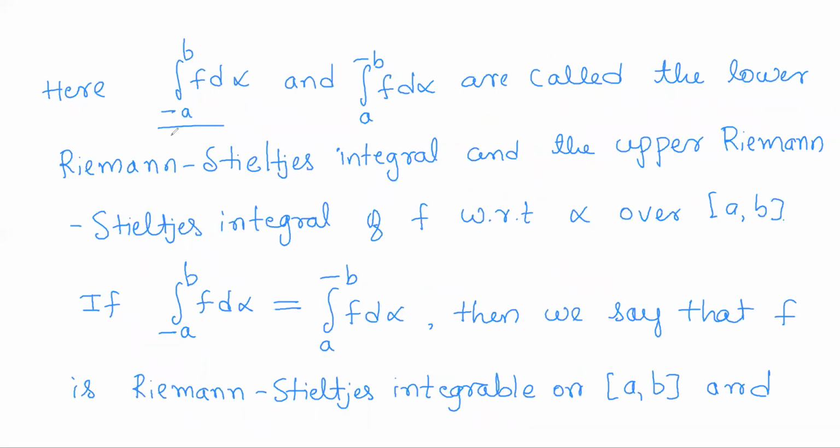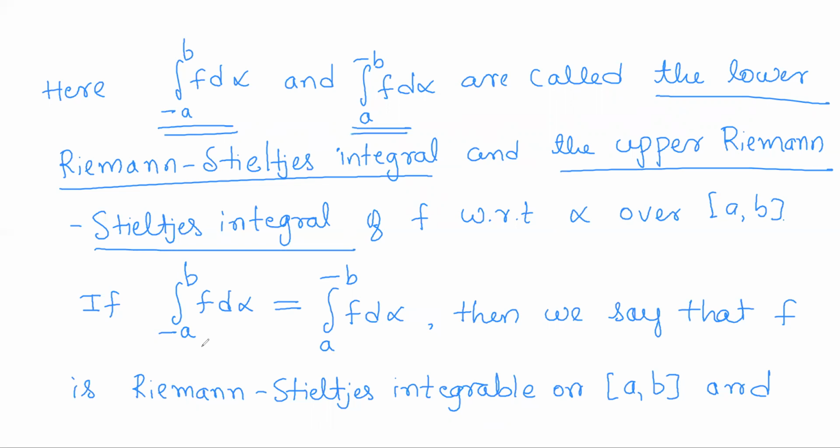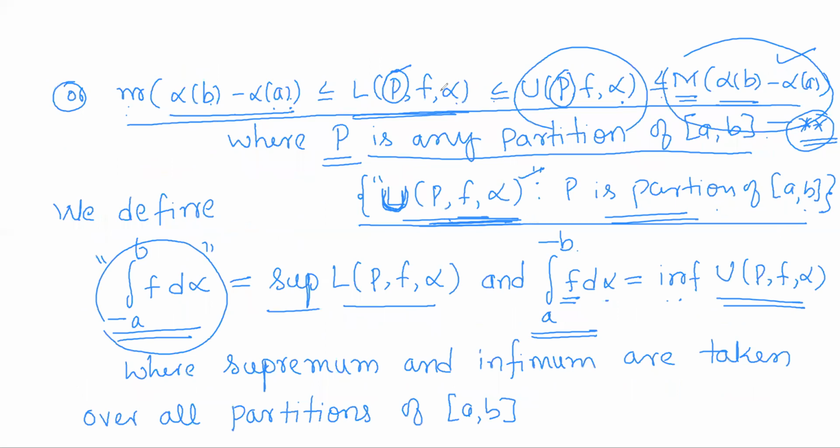So here this integral is called the lower Riemann-Stieltjes integral, and this is called the upper Riemann-Stieltjes integral. Both are integrals of f with respect to alpha over the closed interval [a, b]. So using the existence of the supremum of all lower Riemann-Stieltjes sums and the infimum of all upper Riemann-Stieltjes sums, we define two notions.